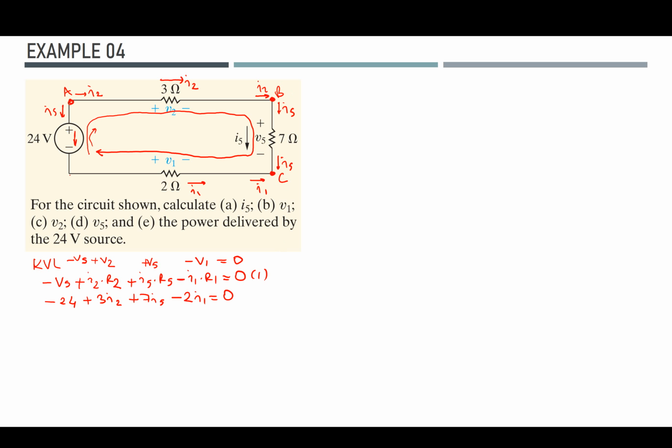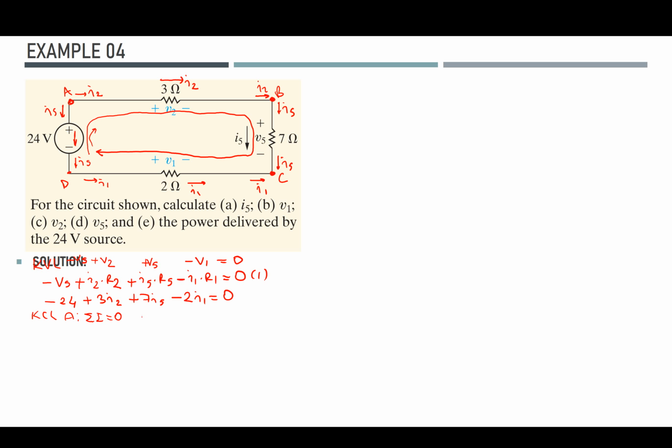You can also write at point D, this is I source, and this is I1. If you write down the KCL at different nodes, for instance at A, the total current should be 0.